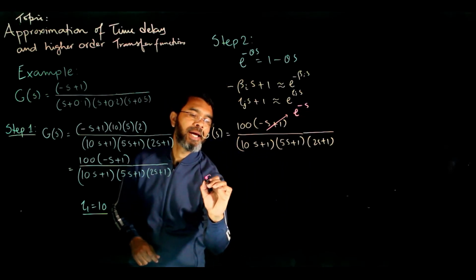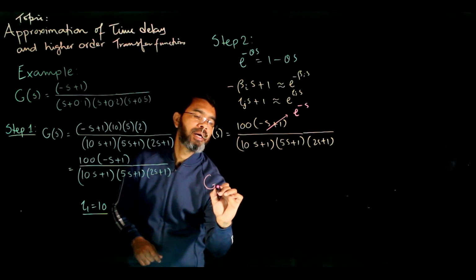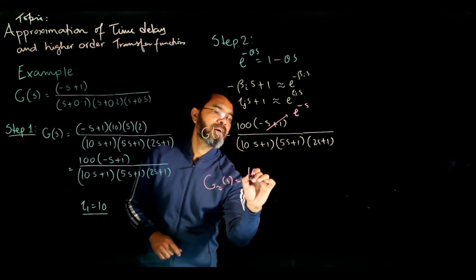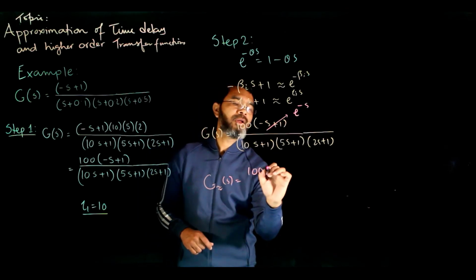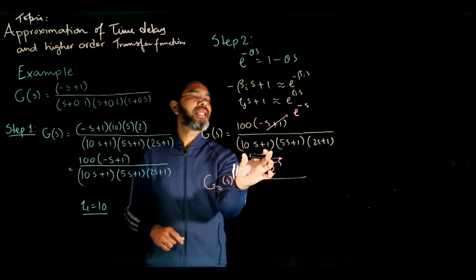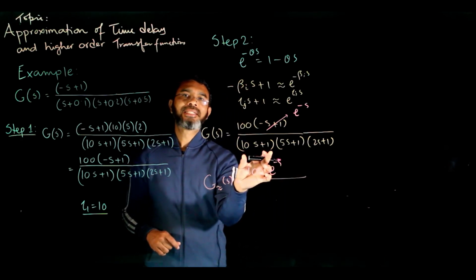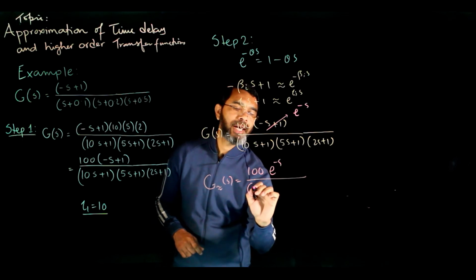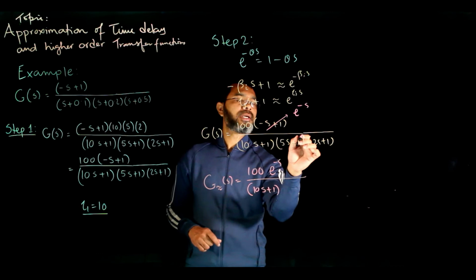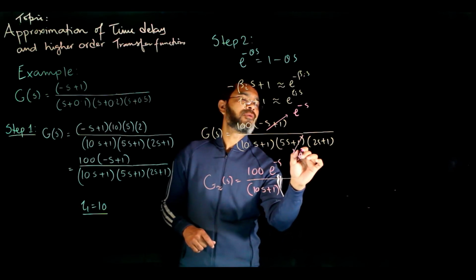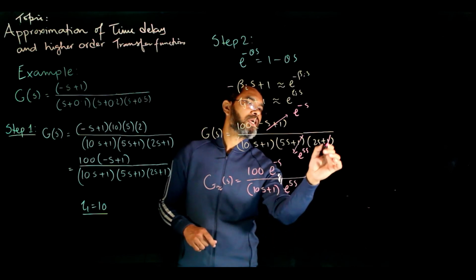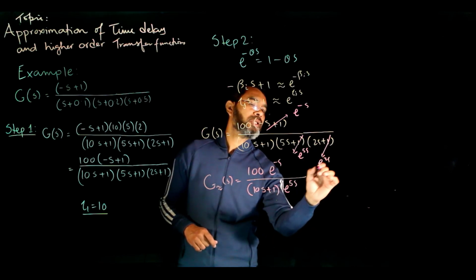So if I write G approximated (s), the gain term remains there. For this term, I will have e to the negative s. We retain the dominant time constant term, so we have 10s plus 1 that remains there. For this one, it will be approximated as e to the negative 5s, and this term will be approximated as e to the negative 2s.